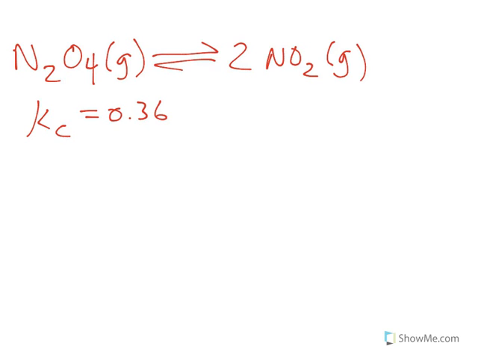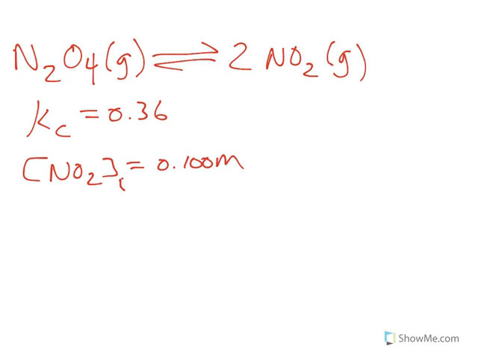What they're telling us now is that a reaction mixture at this temperature initially contains NO2 at 0.1 molar. Find the equilibrium concentrations of NO2 and N2O4 at this concentration.